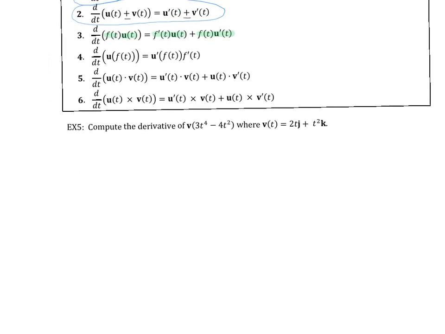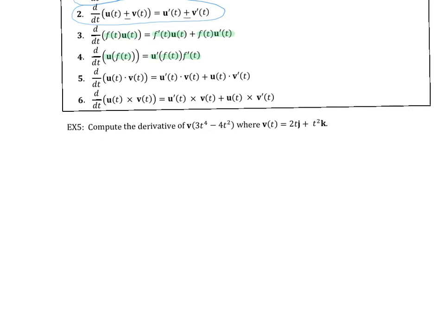So now in property 4, we have a composition where the inner function is a real valued function. The outer function is our vector valued function. When we compute the derivative, it's the chain rule. The derivative of the outside, inside stays the same, times the derivative of the inside. So it's the usual chain rule.